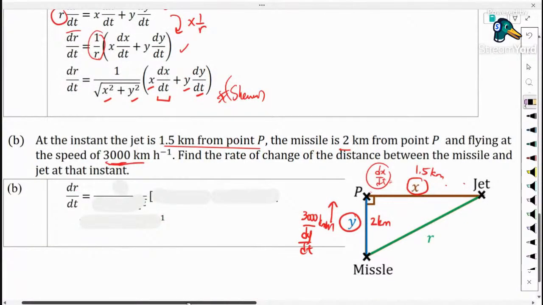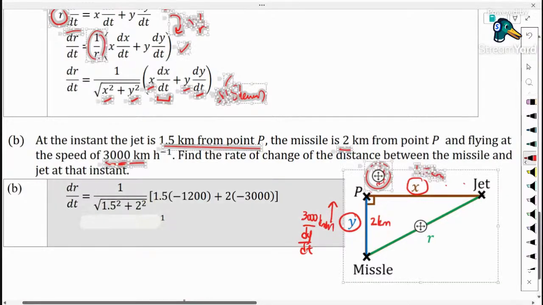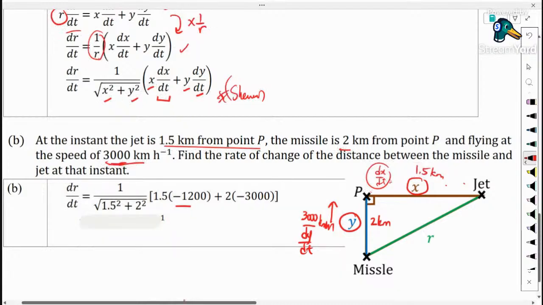This is the result after we substitute all the info that we require. Watch out: how come there is a negative sign on 1,200 and 3,000, which regard the speed of the jet and the speed of the missile?